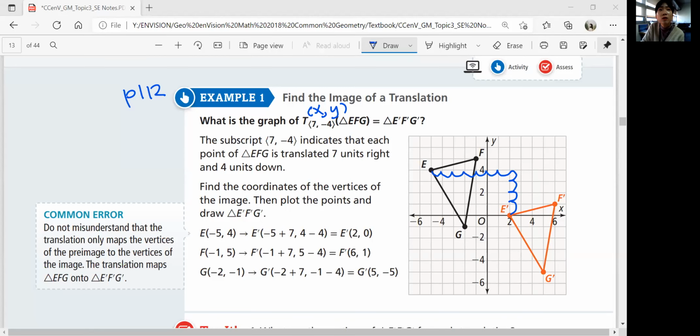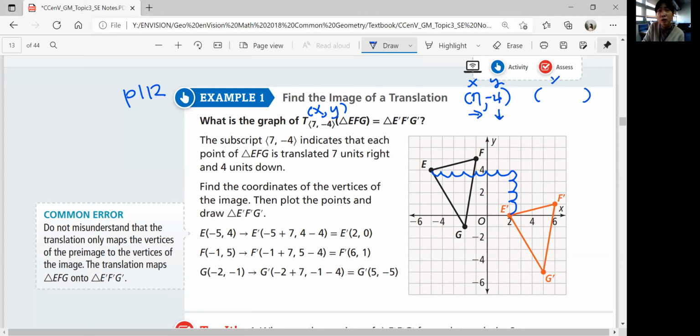Okay, so in the coordinate 7, -4, 7 represents the horizontal movement, and -4 represents your vertical movement, X and Y. This is not just a point, it's a movement for translation. So you go right 7 and go down 4 units.